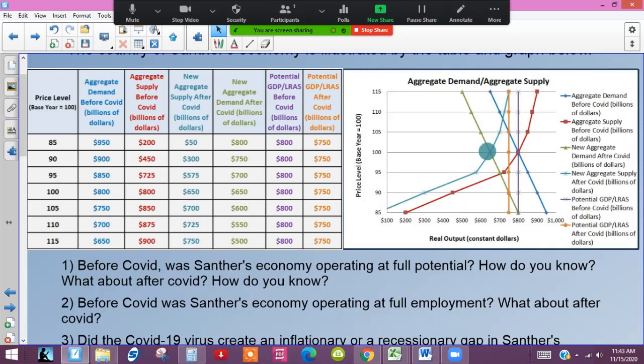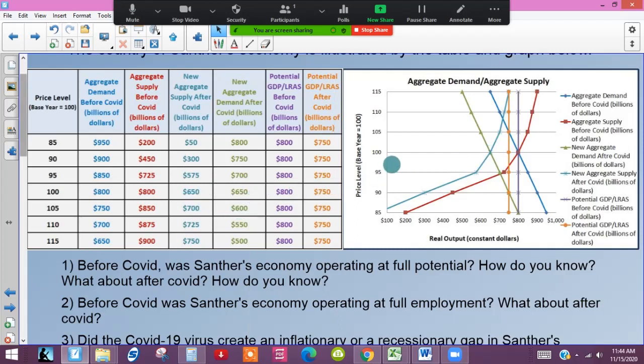The potential output of the economy, which is where the new long run aggregate supply curve is right there, is 750. The new output equilibrium is 650 right there, where aggregate supply equals aggregate demand.